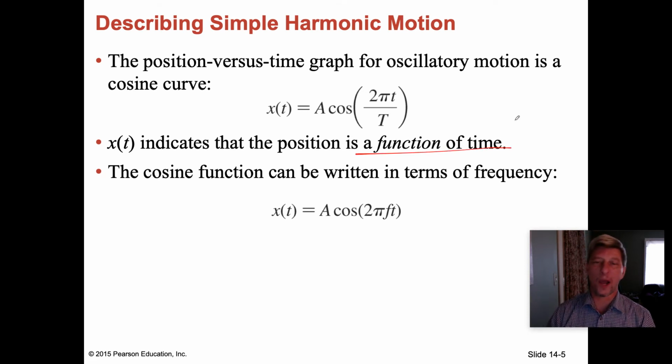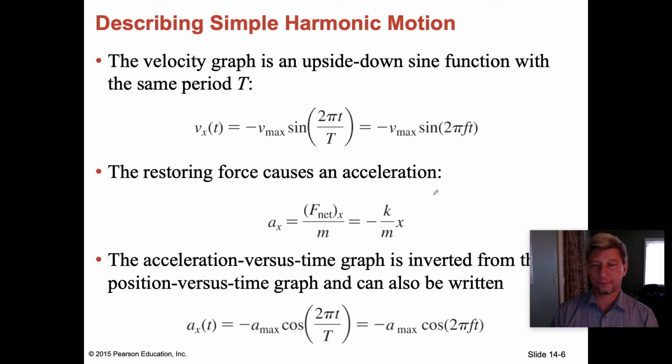I know all of you guys who are in calculus are loving functions and all of that kind of stuff. And so therefore, the cosine function can be written in terms of the frequency rather than time over the period. And so the position is A times the cosine of 2 pi f times time.